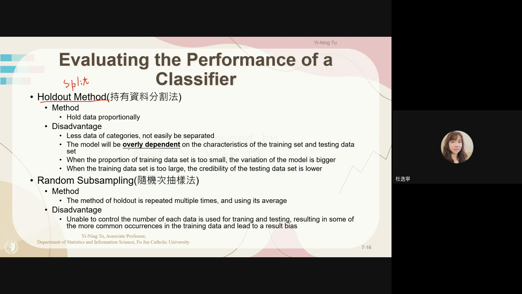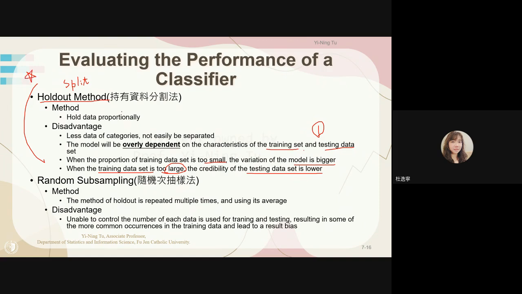And the model will be over dependent on the characteristics of the training set and testing set because it is only done once. So it will have a big problem. When the proportion of the training data set is too small, the variation of the model is bigger. And when the training data set is too large, the credibility of the testing data set is low. This part is very important, it will appear in your exam.